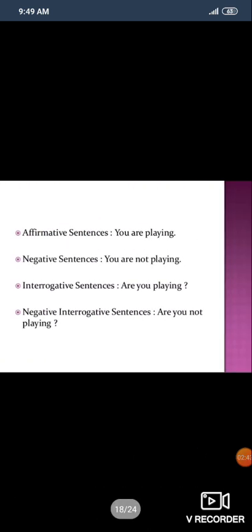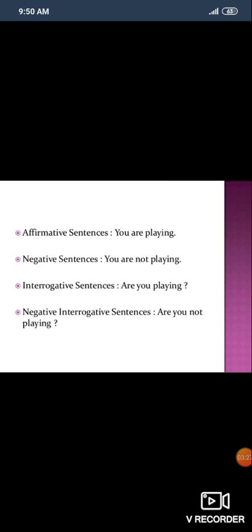Now in this also there are four types of sentences: affirmative, negative, interrogative and negative interrogative. And what is the affirmative? Like, you are playing. Here only one sentence is there and we change it into all types of sentences. With you we are using are and playing. So the affirmative sentence is: you are playing. And how we change the affirmative into the negative: you are not playing. That means subject plus helping verb plus not plus verb first form ing and object.